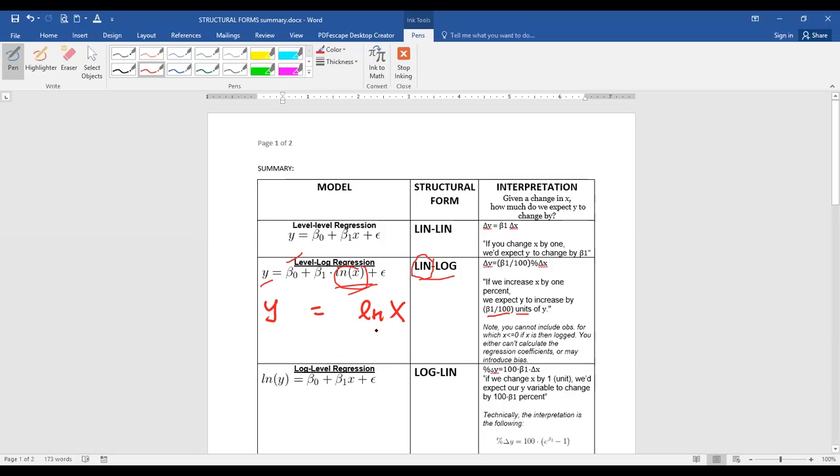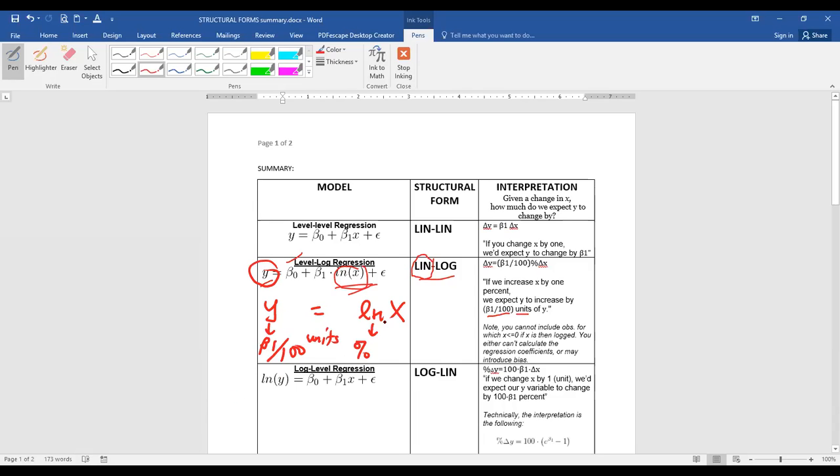So how do we interpret this? Ito, lalagyan mo ng percent. Percent to. Pero si y ngayon magiging beta 1 over 100 units. Units siya, ha? Hindi percent kasi si y level naman siya.